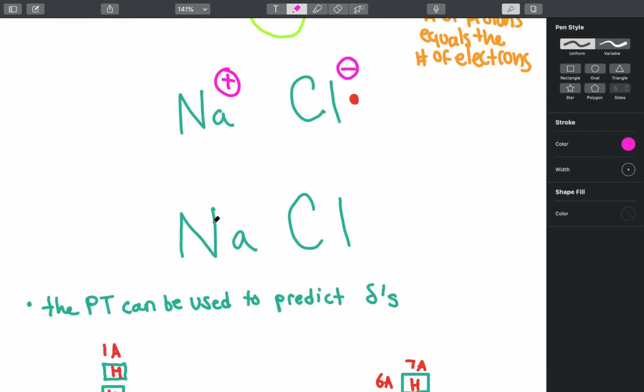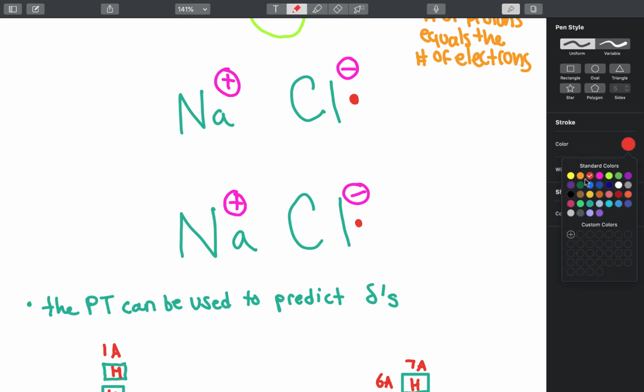So if we were to draw what this looks like, the sodium would have a positive charge and the chlorine will have a negative charge with its electron. So let's draw that electron. We can sort of symbolize this bond, so to speak, by these three lines.